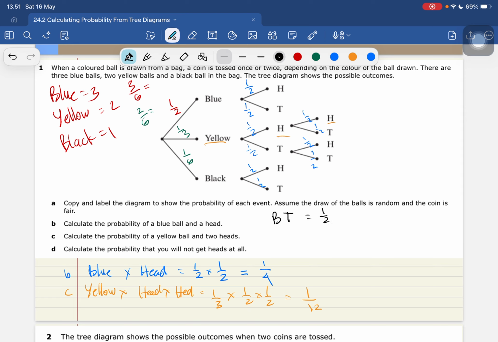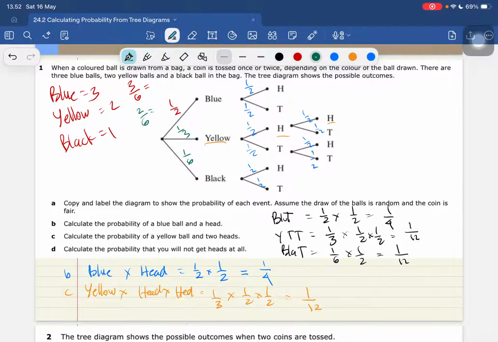This is 1 over 2 multiplied by 1 over 2, so 1 over 4. And then yellow, tail and tail, so 1 over 3 times 1 over 2 times 1 over 2. So we got 1 over 12. Next, black and tail. So this is 1 over 6 times 1 over 2, so we got 1 over 12.